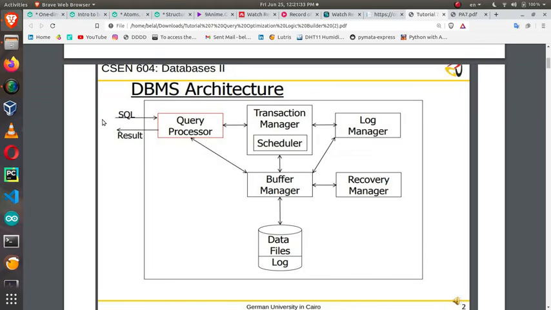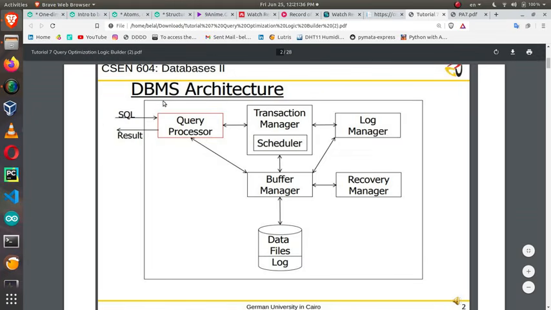So starting from today, starting from lecture 7, we will dive deep into the database management system architecture. We will learn in a very detailed way about its main components, such as the query processor, the transaction manager, the log manager, the recovery manager, the buffer manager.